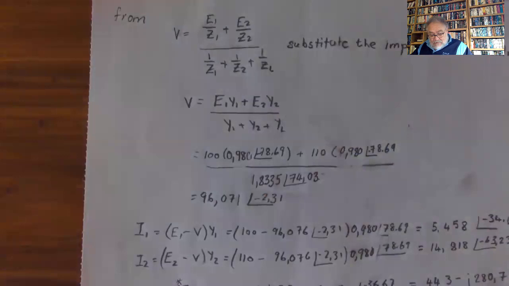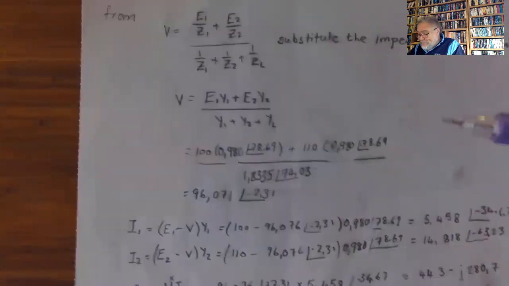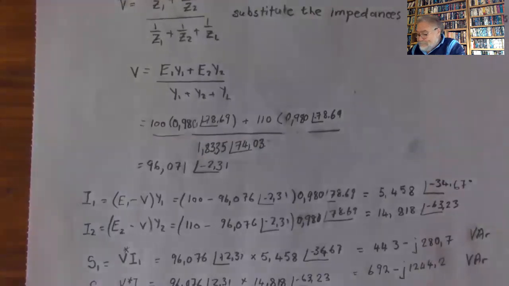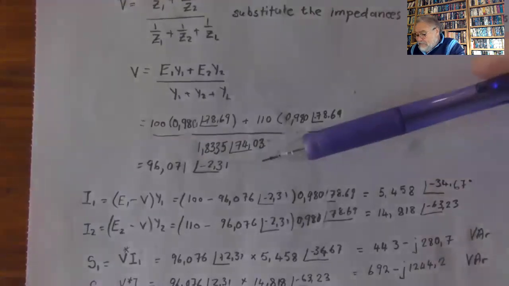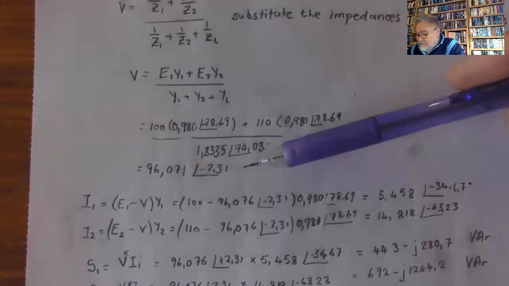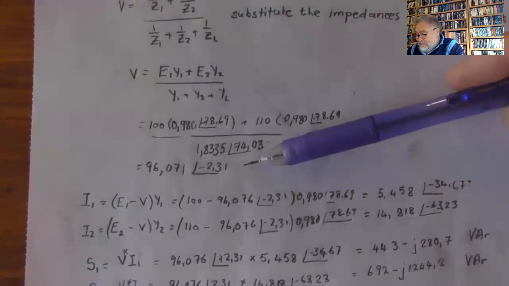Now, we must determine the terminal voltage and kilowatt of each machine. If E1 is 100 and E2 is 110 volt, Z load is 3 plus j4, Z1 is equal to Z2, which is 2 plus j1. Now we stick it in the formula, and we get a voltage of 96.071 at an angle of minus 2.3.